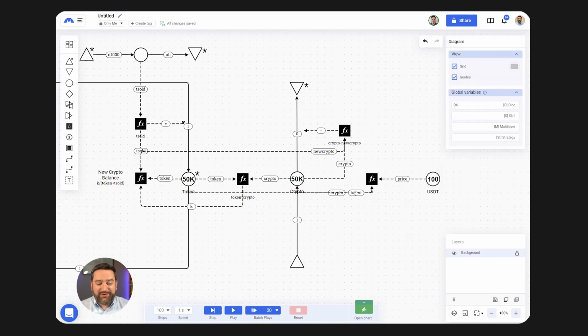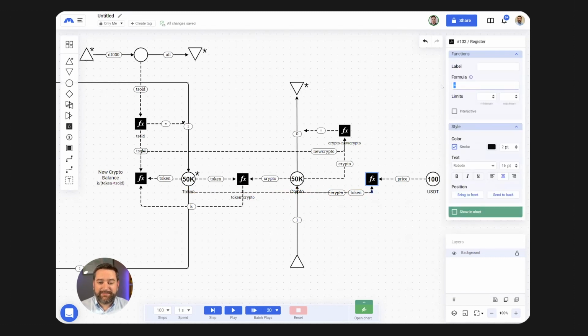Now, the value of each token is going to be a formula of what's the price of each token, of each crypto, sorry. So price multiplied by crypto, pop some brackets around it, and then that's going to be divided by token.